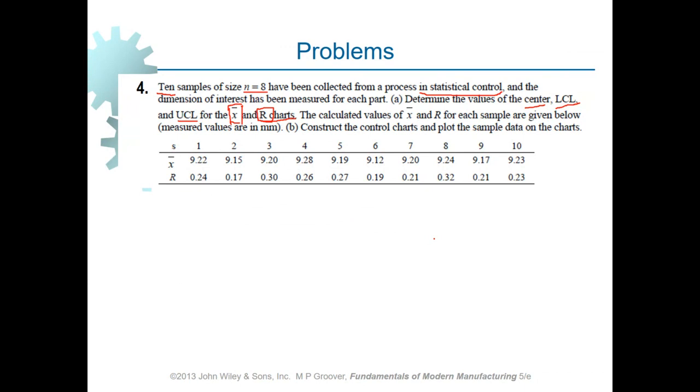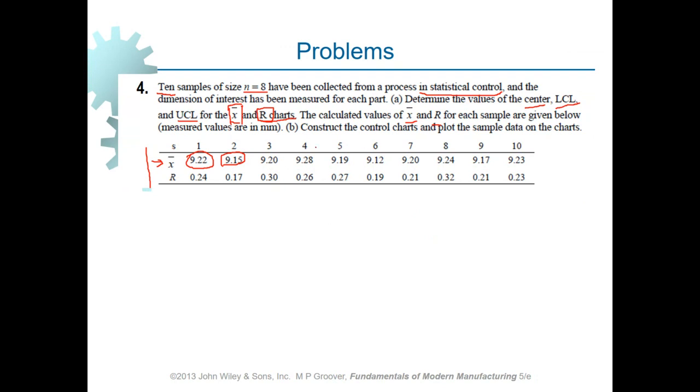As the value of R is less, we are doing a better job. The calculated values of X bar and R for each sample are given below, right here. X bar, which is the average of the 8 parts in the first sample, comes to this much. The average of the second sample comes to this, and just like that.